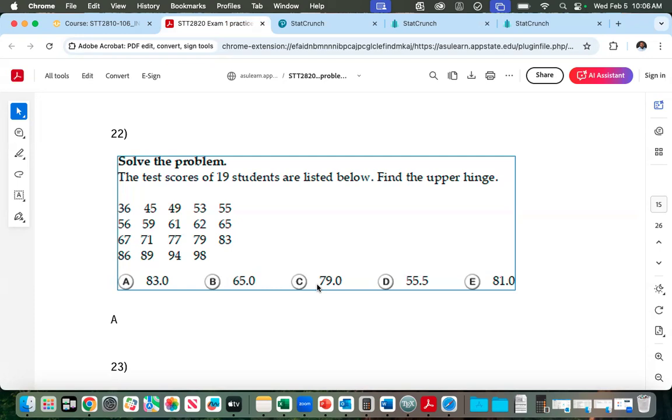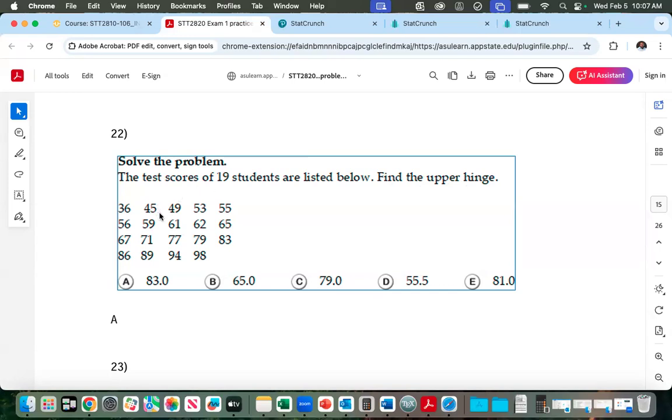Last time we learned that the lower hinge is the same as Q1, the inter hinge is the same as the IQR, and the upper hinge is the same as Q3. So you should be able to know this. In case they ask you to find the upper quartile or upper hinge, you should know they mean the same thing.